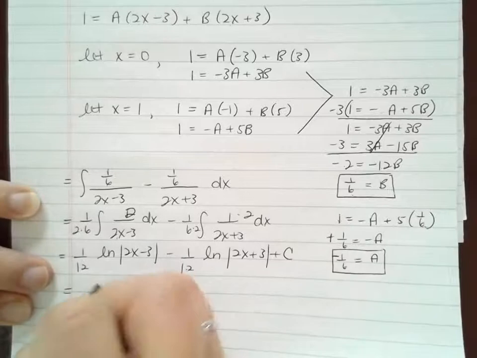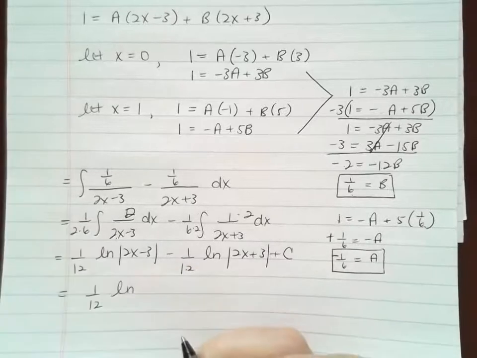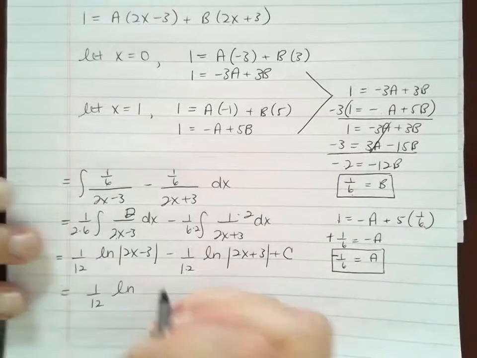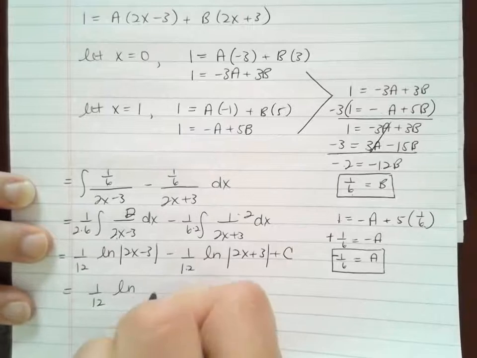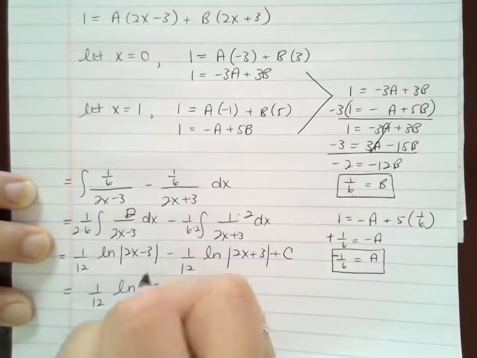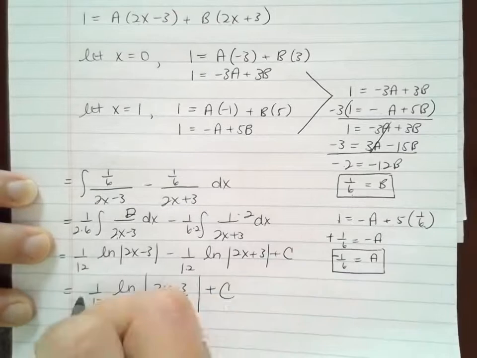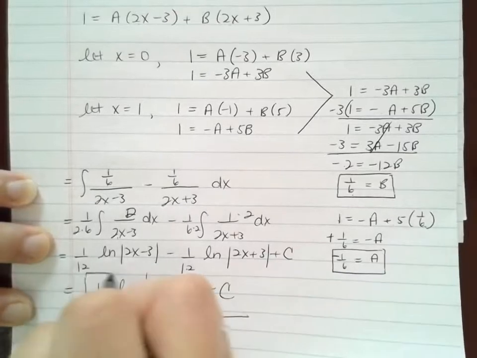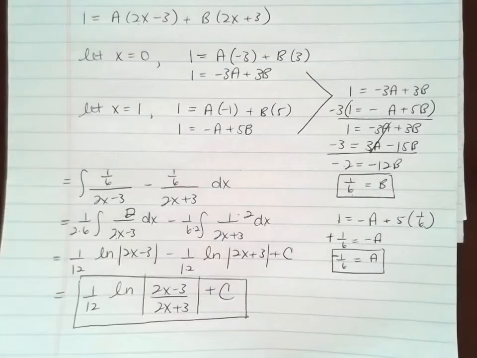I'm going to leave 1/12 as a coefficient, even though you could treat it like an exponent. And I'm going to treat this subtraction problem as 2x minus 3 over 2x plus 3. You do not have to do that. You could have left it alone, but I like to see it that way, personally.